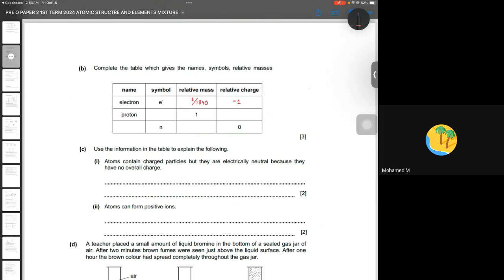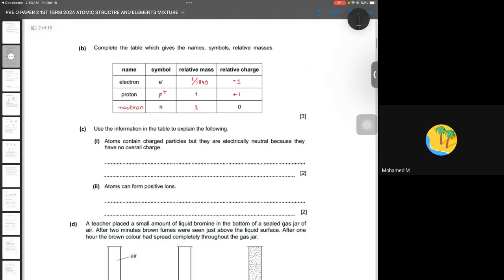And then the symbol will be p plus, and the neutron is the name, and the relative mass is 1.